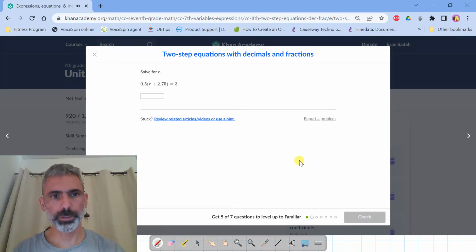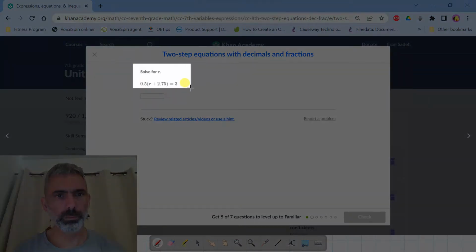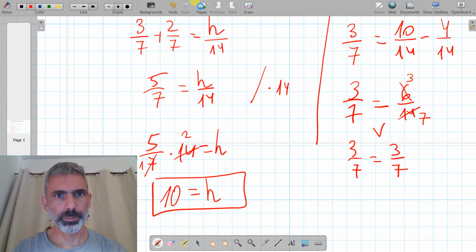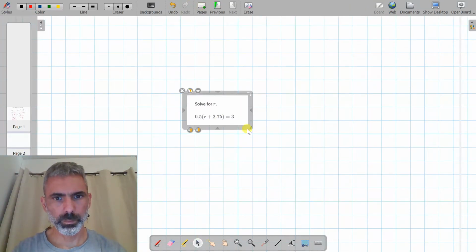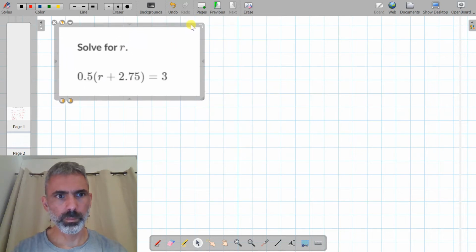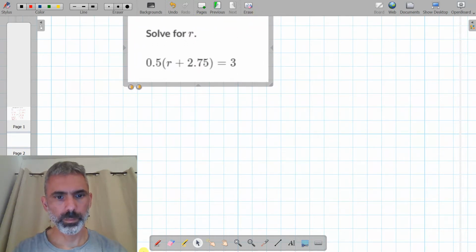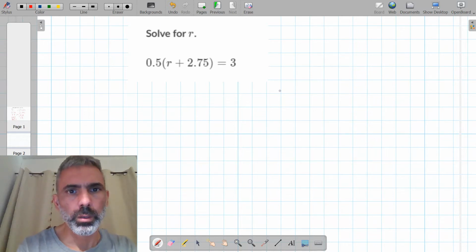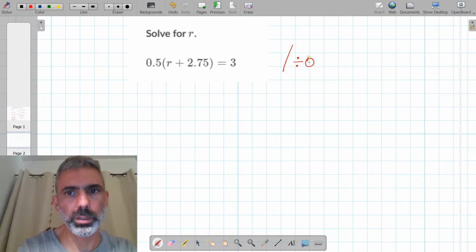Next question. Solve for r. Okay, so on the left hand side I have 0.5 times, in parentheses, r plus 2.75 equals 3. So to isolate the r, I will first get rid of the 0.5, and because it's multiplication I will divide both sides of the equation by 0.5.